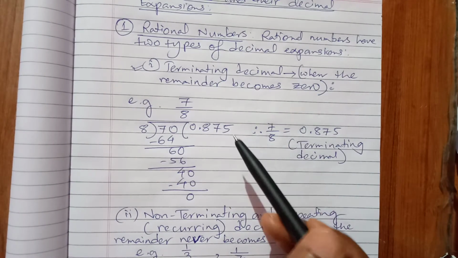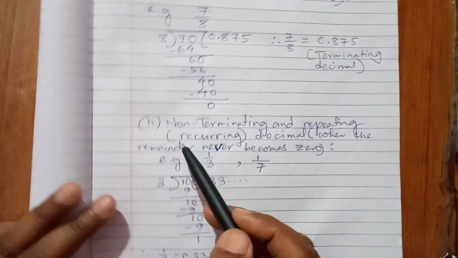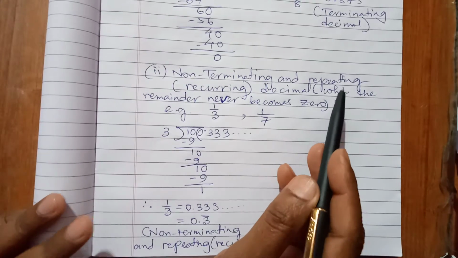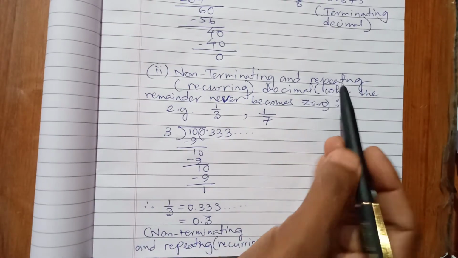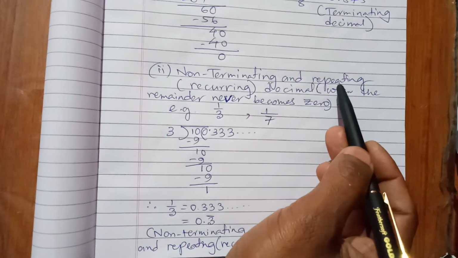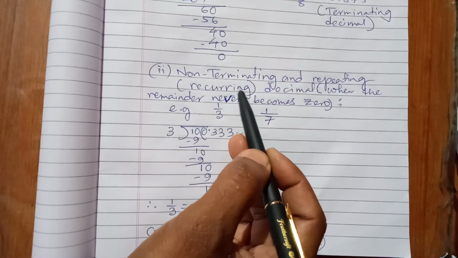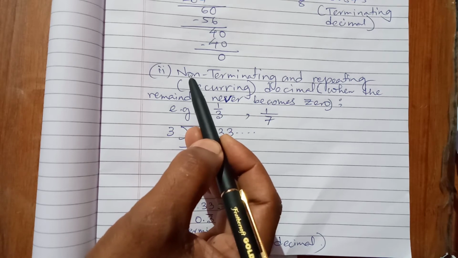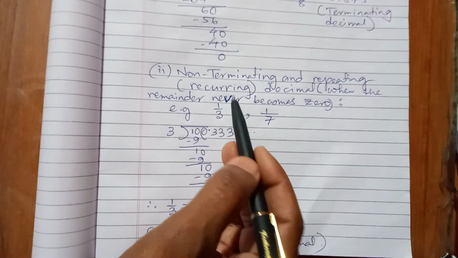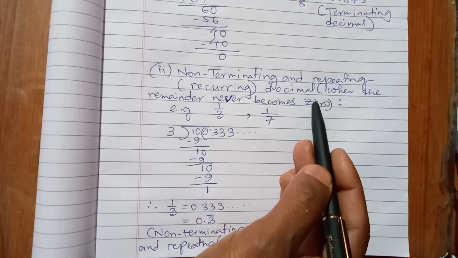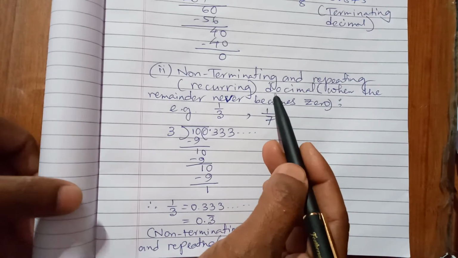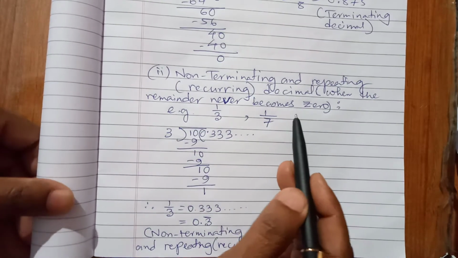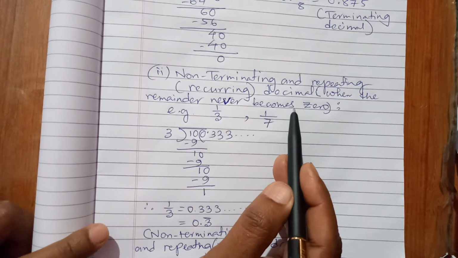Now another type of decimal for a rational number is non-terminating and repeating. Repeating has another word, recurring. So the other type of decimal expansion for a rational number is the non-terminating and repeating, or recurring, decimal. We get this type of decimal when the remainder never becomes 0, so we go on dividing with the help of the decimal point.